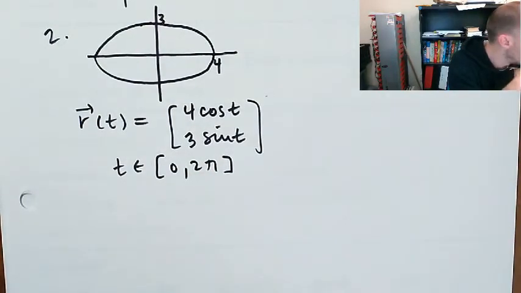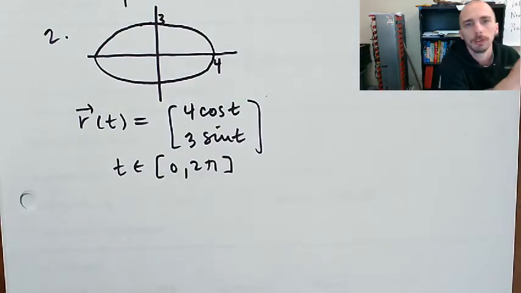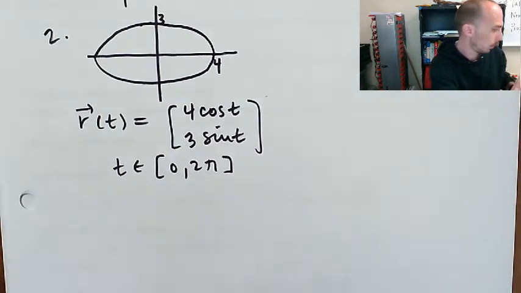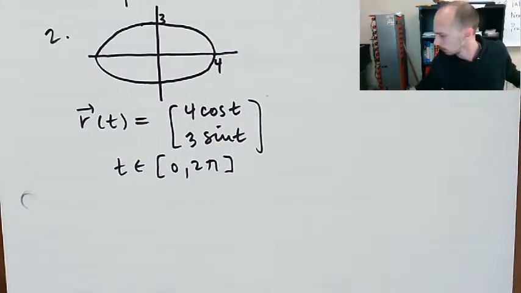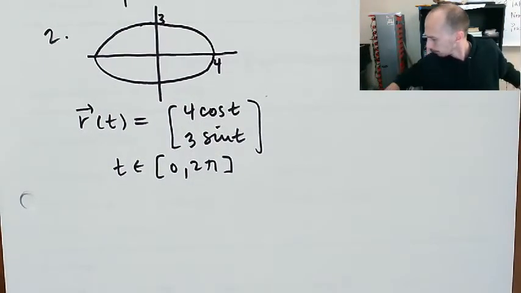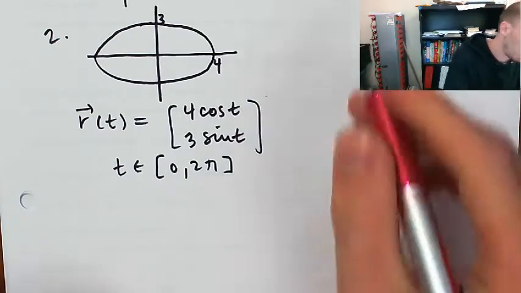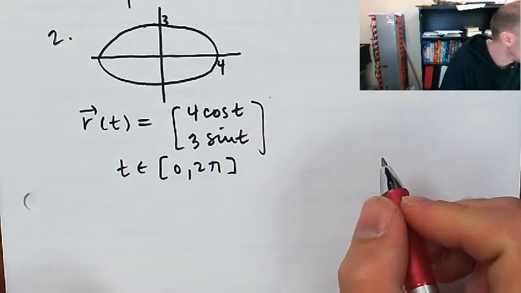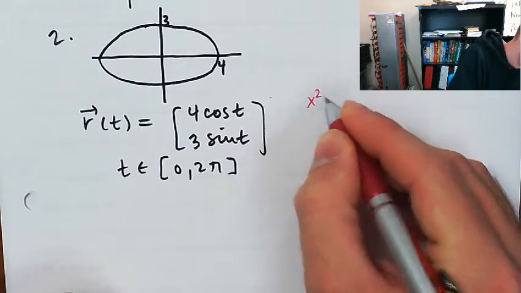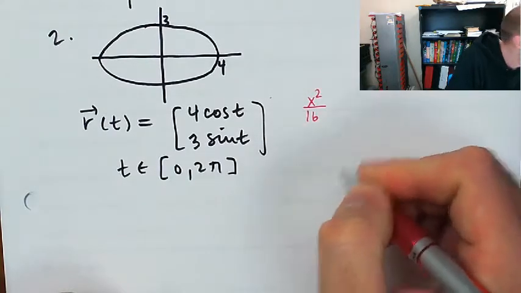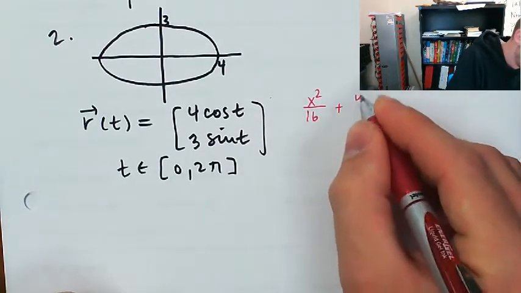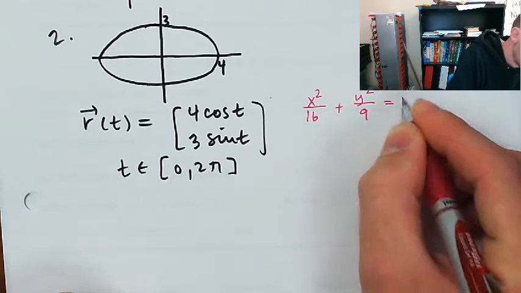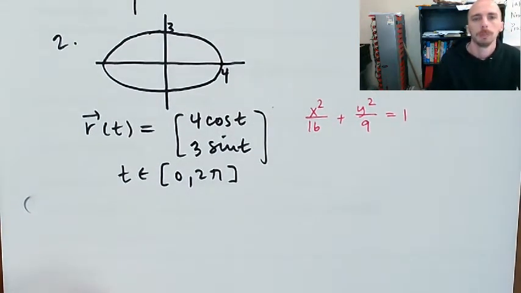Okay, and I think I'll actually show you why that works also. Okay, so the equation they gave us for the ellipse is x squared over 16, y squared over 9, together adds to 1. Okay.